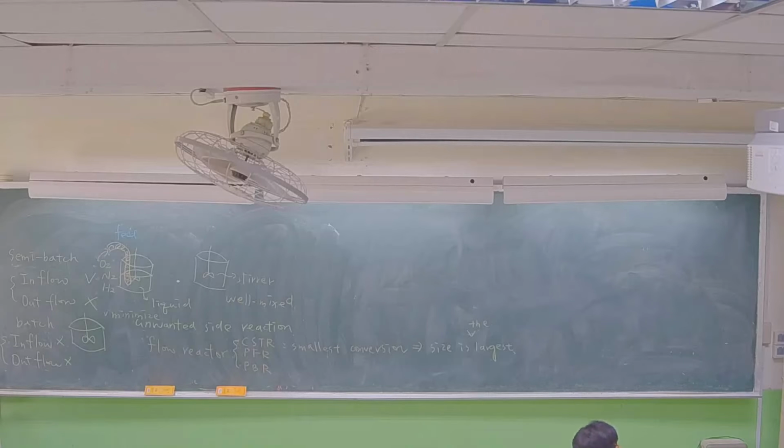The advantage is easy to maintain because it is a tube-like reactor. So compared to CSTR, this one has the highest conversion. So please remember, regarding conversion, CSTR has the smallest conversion, but PFR has the highest conversion.